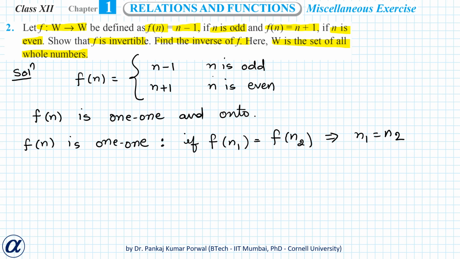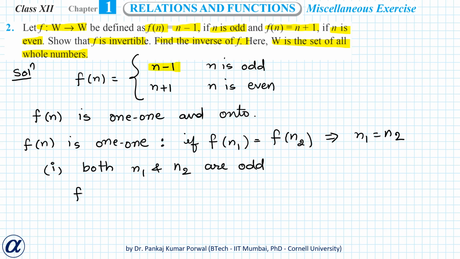Now because our function definition is different when n is odd and when n is even, we will have to consider the cases when both n1 and n2 are odd, or when both n1 and n2 are even, and a third one when one of them is even and another one is odd. Let's first consider the case when both are odd. We'll have to use f(n) equals n minus 1.